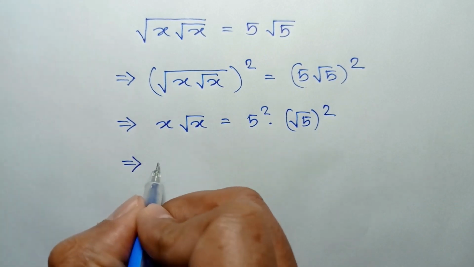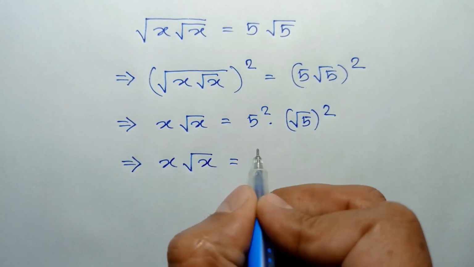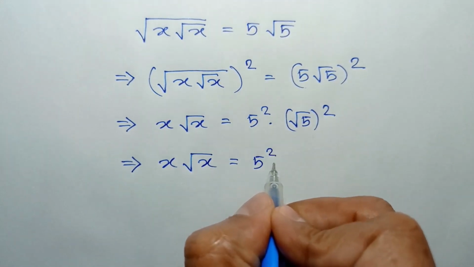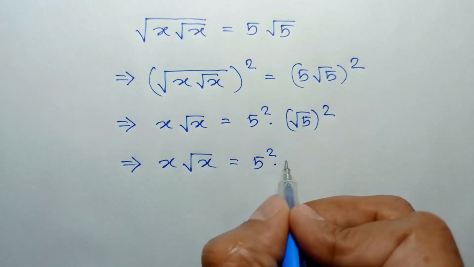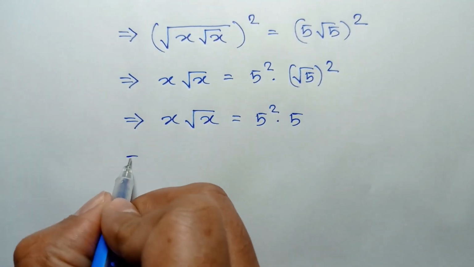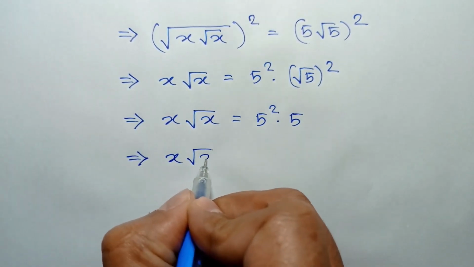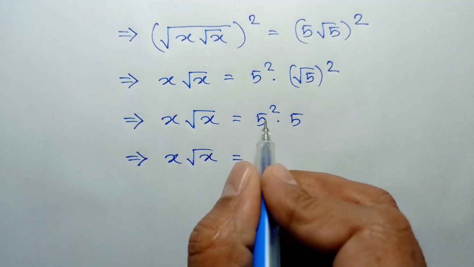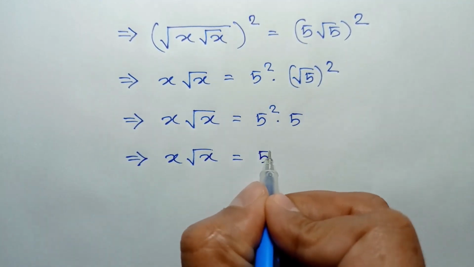Or x square root of x is equal to 5 square times, this square root and square will cancel out, so it will remain 5. Or x square root of x is equal to 5 square times 5, which is 5 cube.